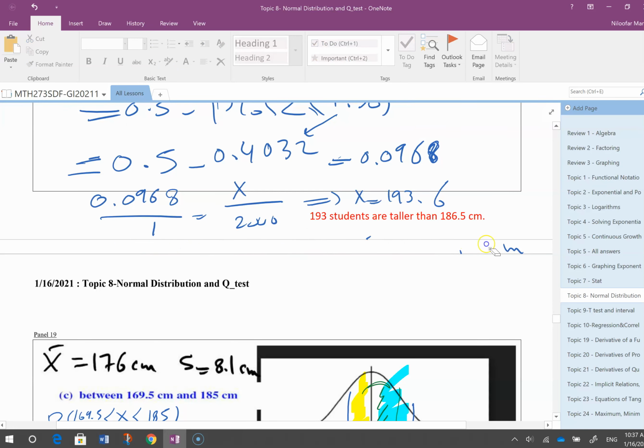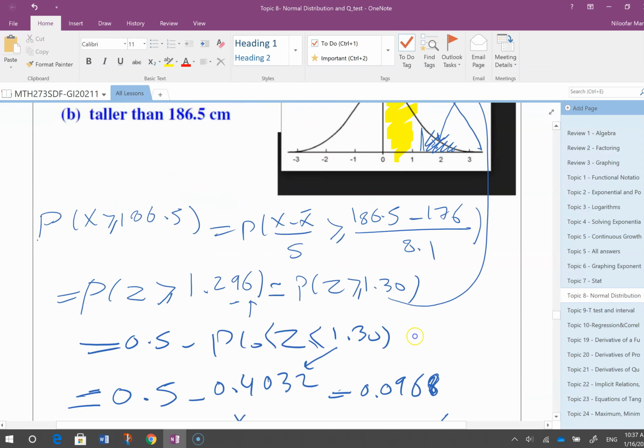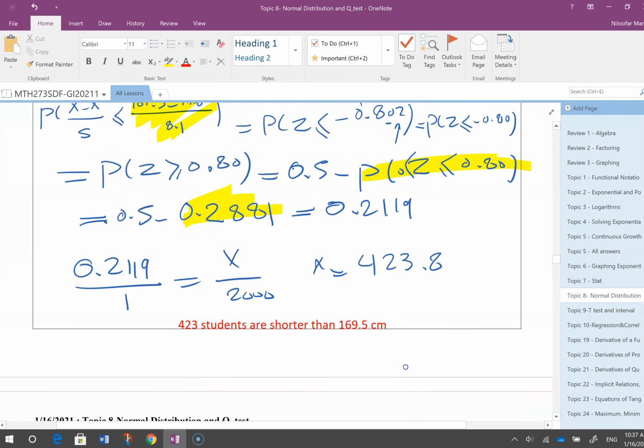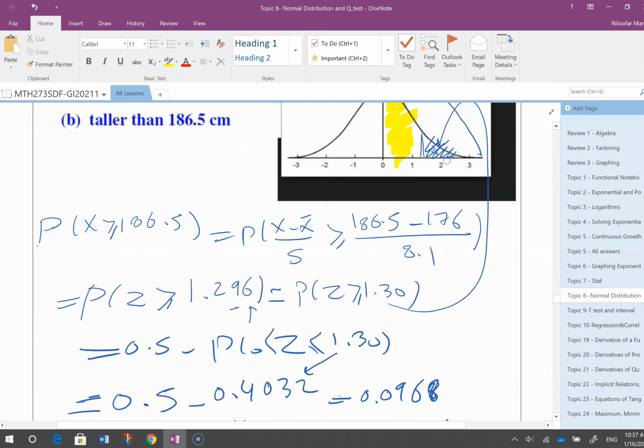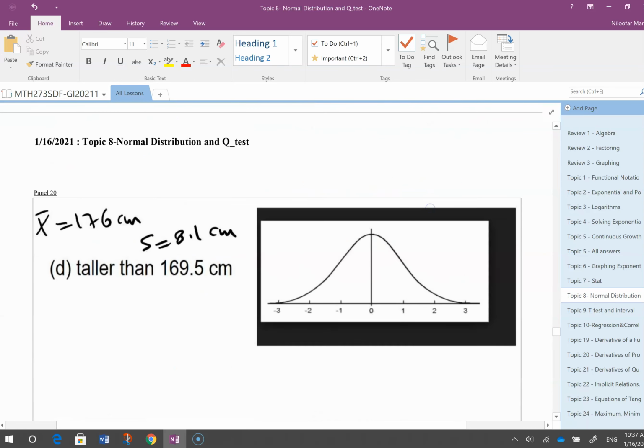Okay, so here was taller, here was shorter, yes and yes.